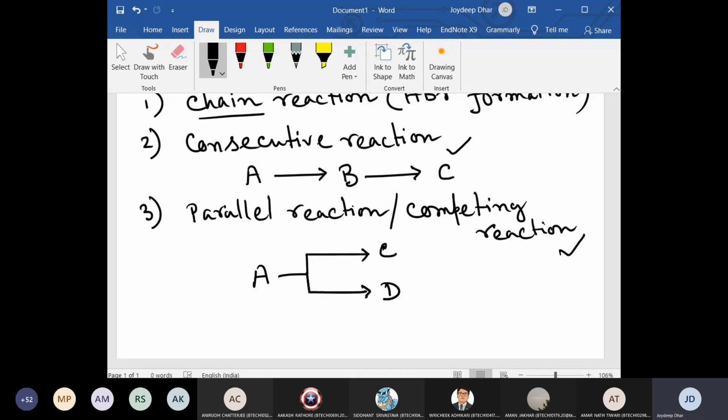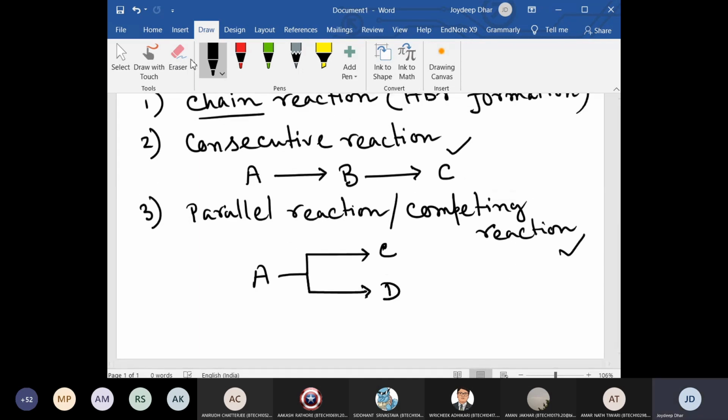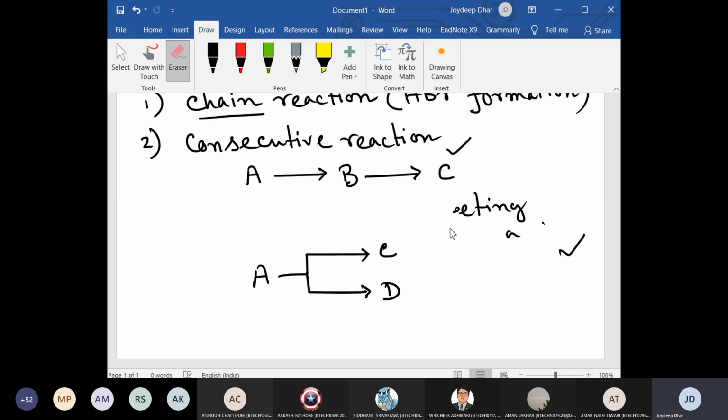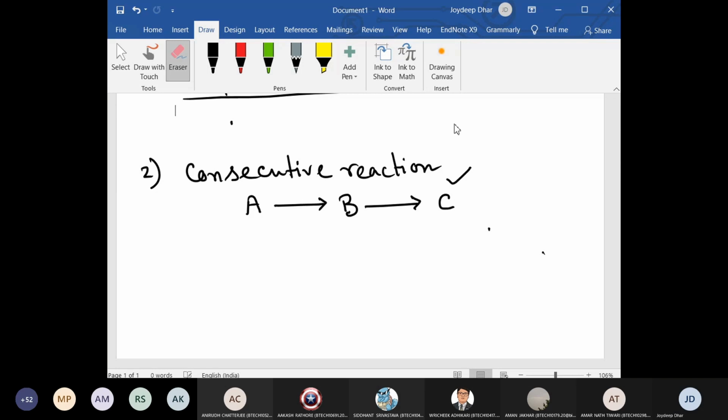That will be our aim, or we can write the concentration of the starting material after some time. First consecutive reaction, then I will come to parallel reaction, and finally chain reaction.